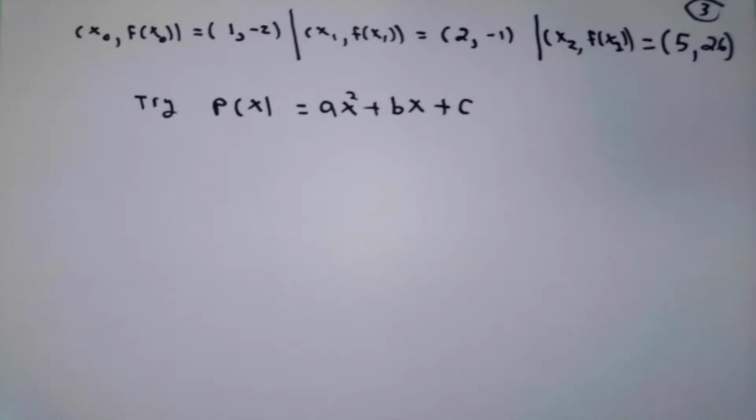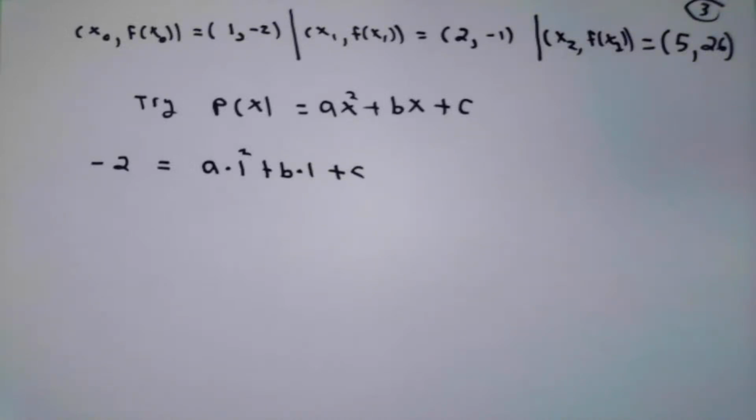I want to think about trying to find the interpolating polynomial working directly with the kind of form that you would work with in college algebra, p of x equals ax squared plus bx plus c, and figure out what all is involved in approaching the problem in this way. Firstly, when x is equal to 1, the polynomial value needs to be -2 if it's to match the first data point.